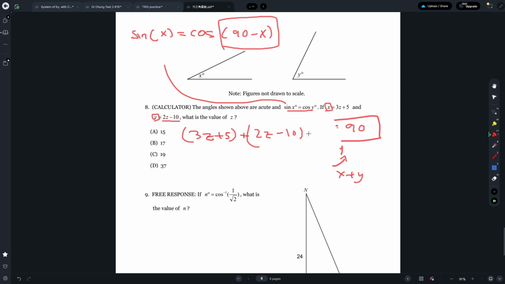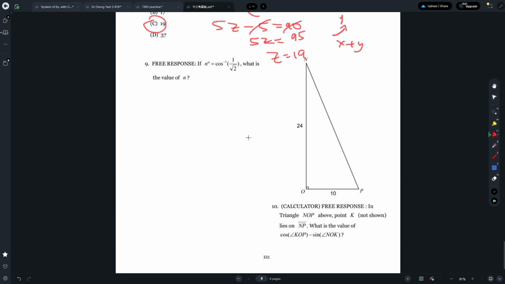Then this would equal 90. So we'd get 5z minus 5 equals 90. 95 equals 5z. And if we divide 5 on both sides, we get 95 over 5, which is z equals 19.